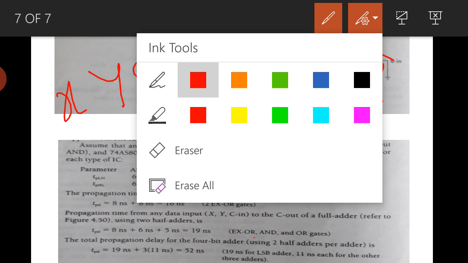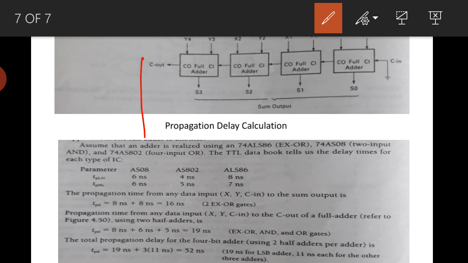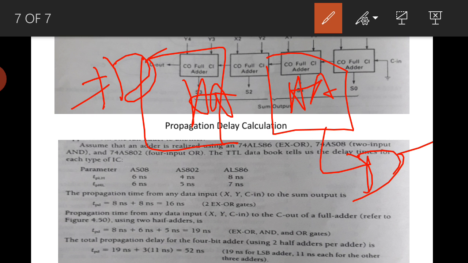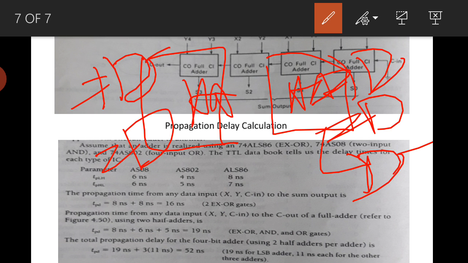If you take the full adder circuit, we have used 2 half adders and one OR gate. In each half adder we have used one XOR, one AND. Here also one XOR, one AND. Totally how many gates? 1 2 3 4 5 gates.